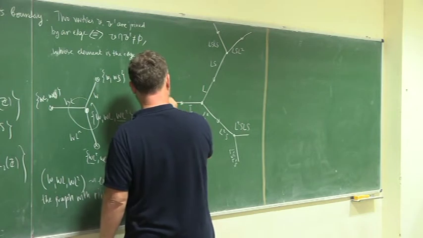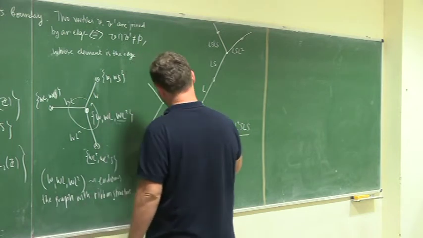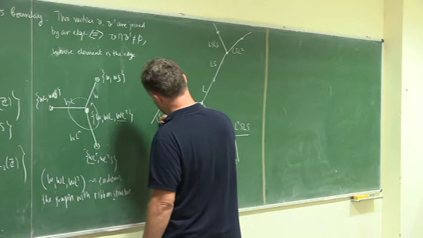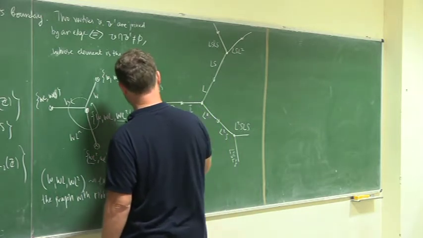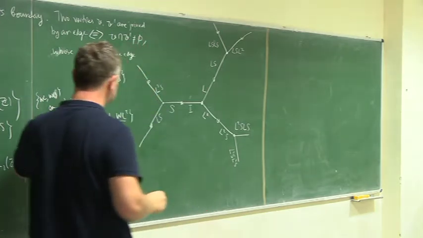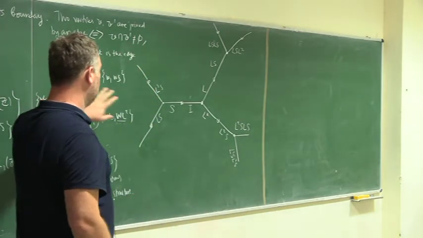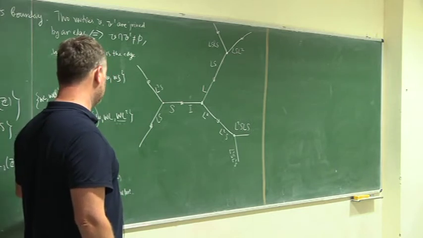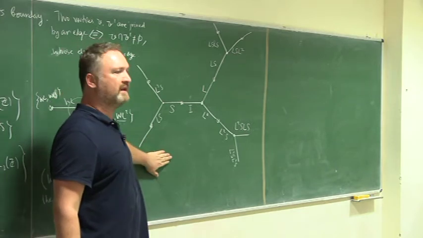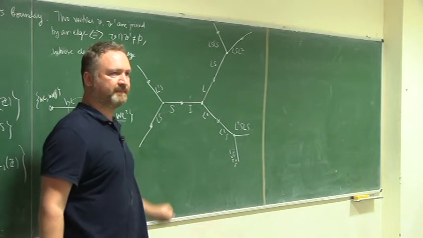This is S. This times this is LS, this is L square S, and so on. So this incidence relation gives me this tree, and this cyclic ordering of the vertices gives me this embedding of the tree in the plane.